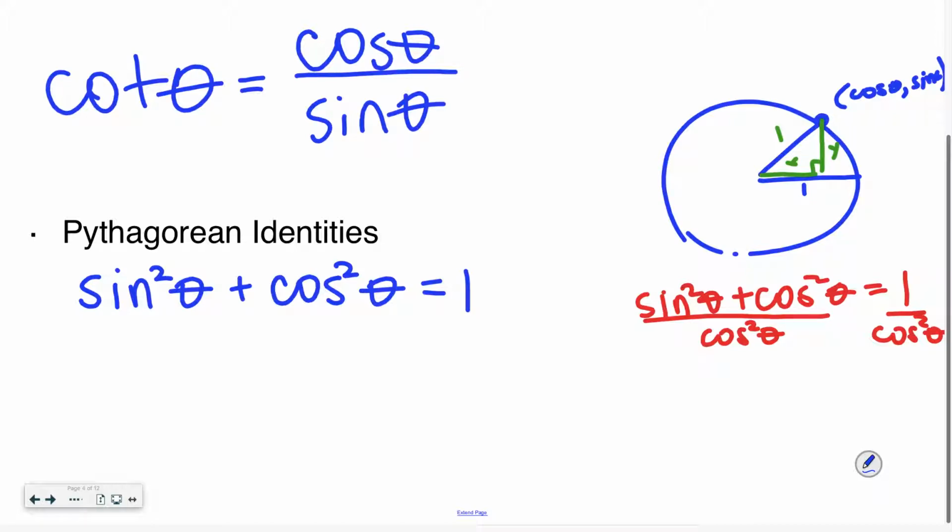Tangent, right? So sine squared over cosine squared would be the same thing as tangent squared. Cosine divided by cosine would be 1. And then 1 divided by cosine squared, if 1 over cosine is secant, 1 divided by cosine squared is secant squared. Write that Pythagorean identity down, please. Tangent squared plus 1 equals secant squared.